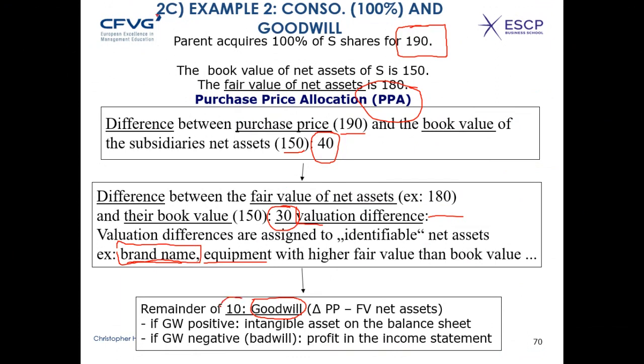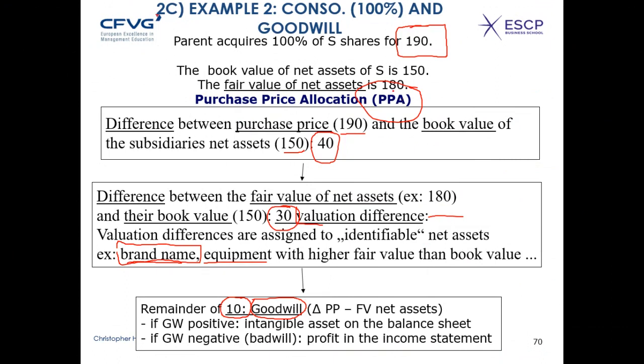Well, the remaining 10 cannot be explained specifically. Well, that's why it's goodwill. Okay, and I end up with goodwill of 10. So goodwill is a remaining value. That's the remainder after I dealt with the valuation differences.